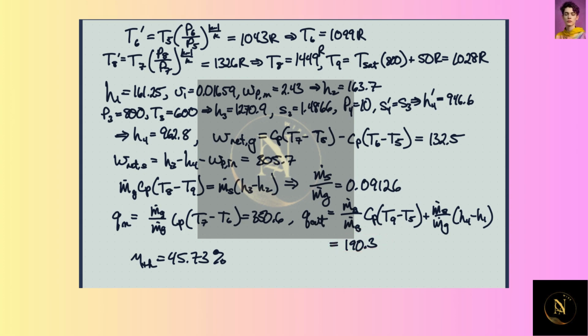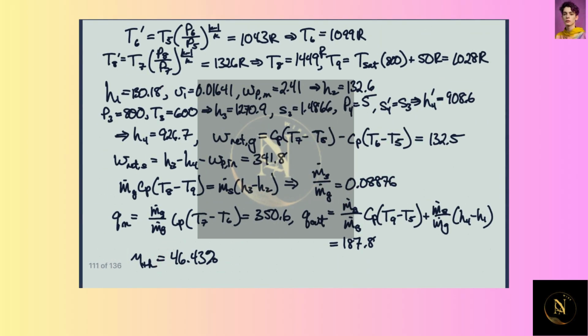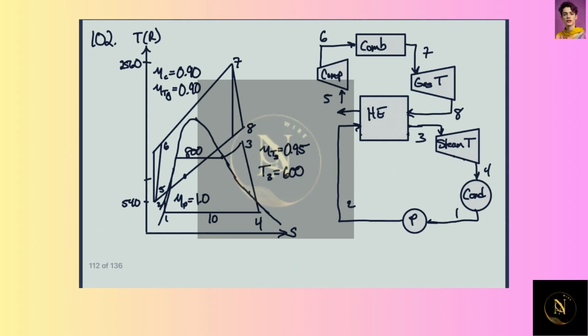Now again we just do the trick, 1 minus Q out over Q in, to get the efficiency. And now it's down to 45.73%. So we dropped a little bit, about 0.7%.